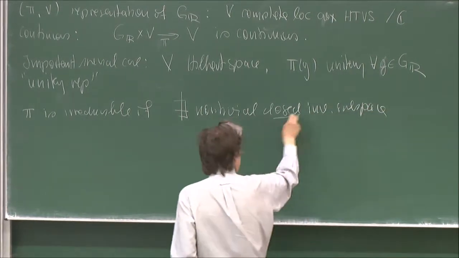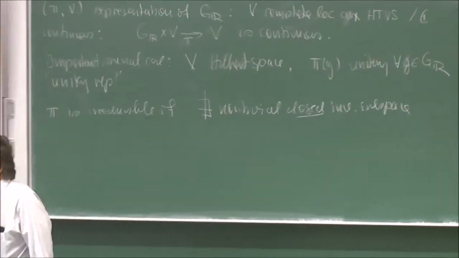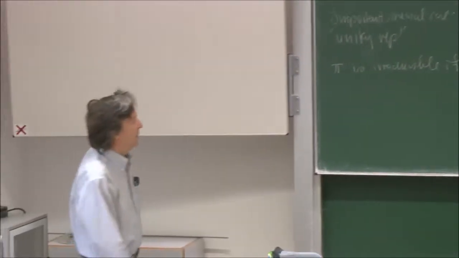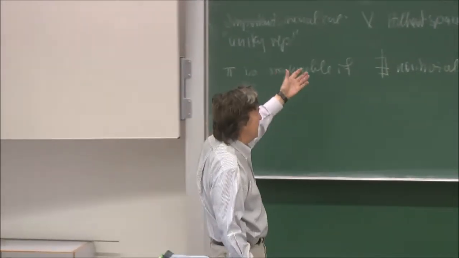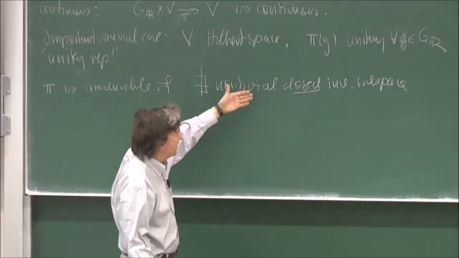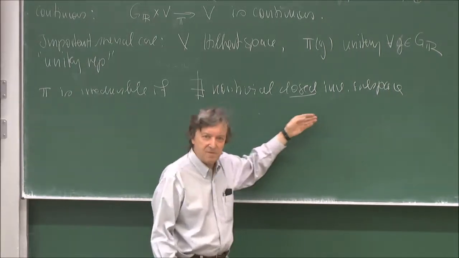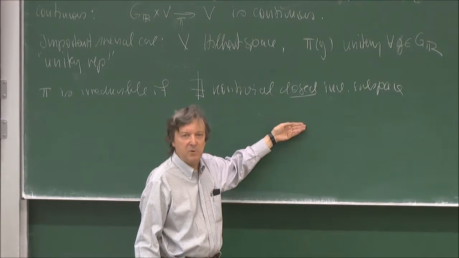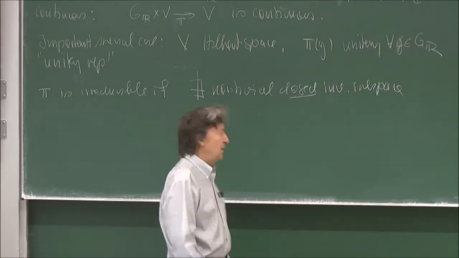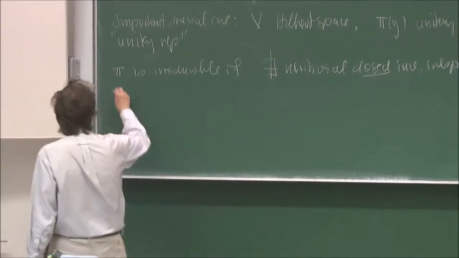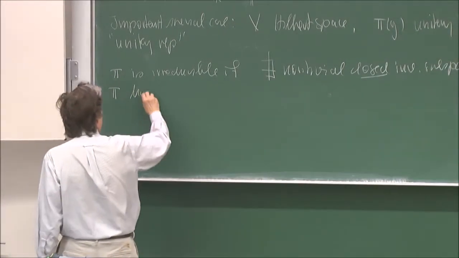And the word closed is important, because for irreducible representations there typically exist lots of non-trivial invariant subspaces; it's just being closed that makes it much more restrictive. And then one says that pi is finite length.